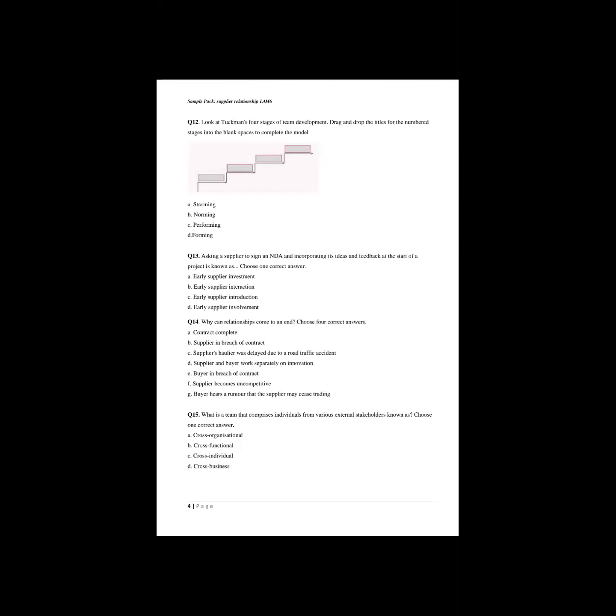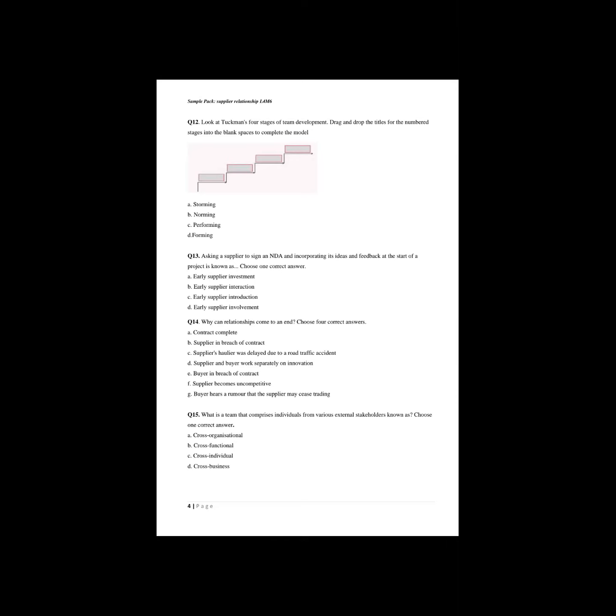Question 13. Asking a supplier to sign an NDA and incorporating its ideas and feedback at the start of a project is known as, choose one correct answer. NDA, non-disclosure agreement.